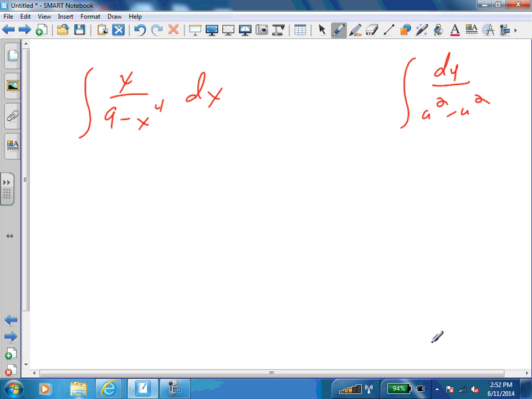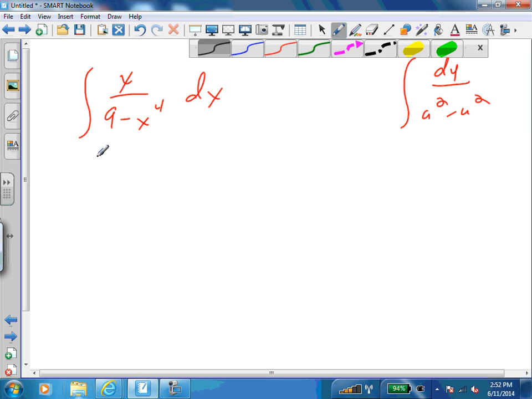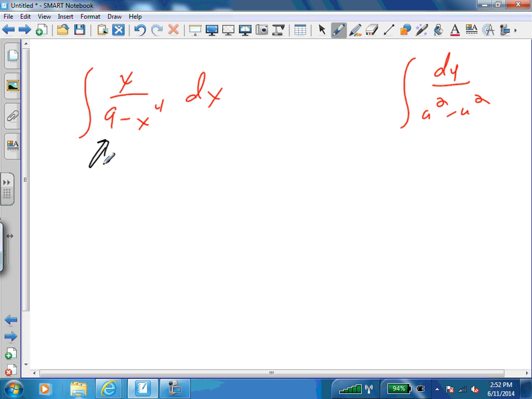So if we're going to use this one, what would our a squared be? Yeah, our a squared would be 9, so a would be 3. Our u squared would be x to the 4th, so what would u be? X squared. So what would that make du? 2x dx.